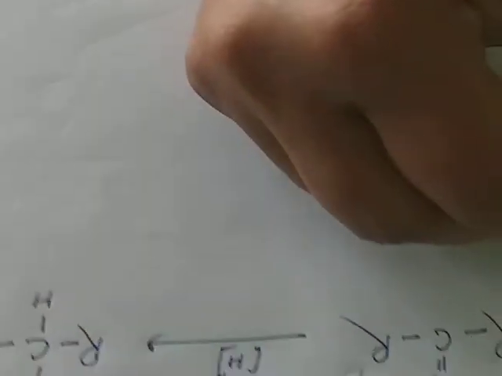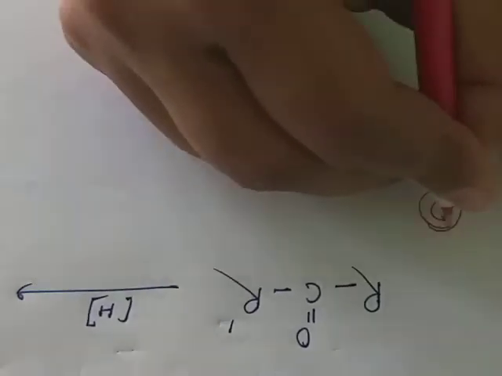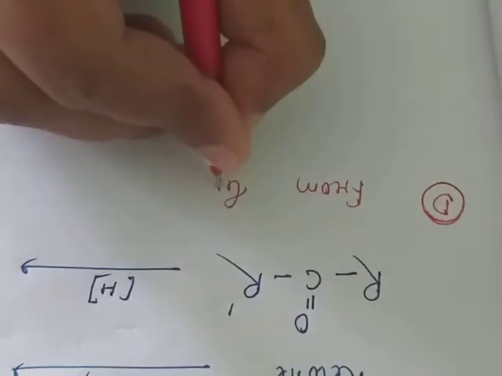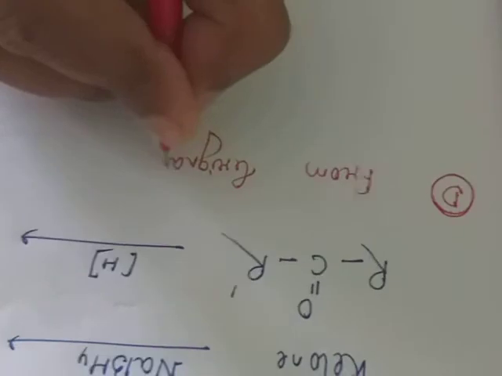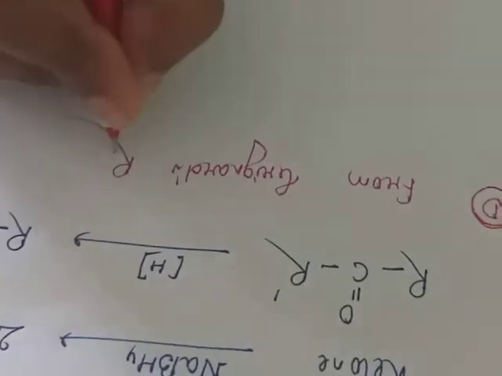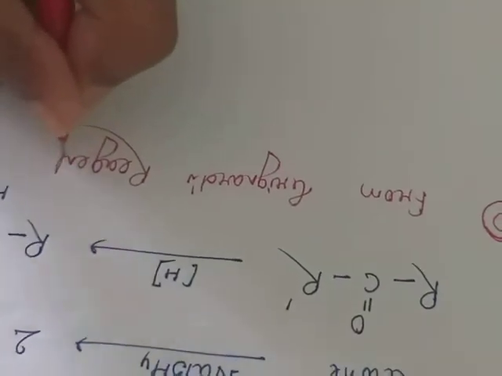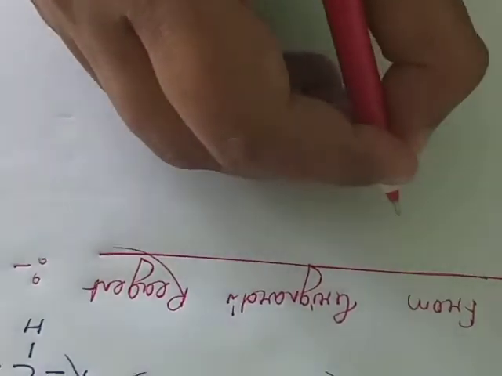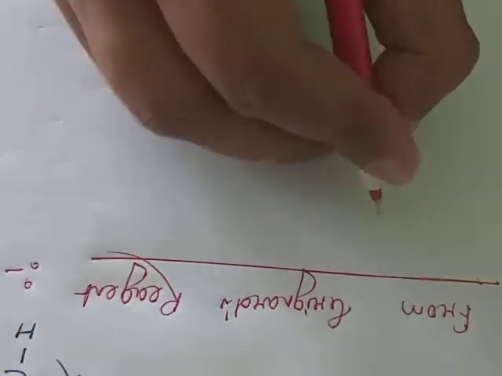The next one is from Grignard's reagent. So Grignard's reagent is alkyl magnesium halide.